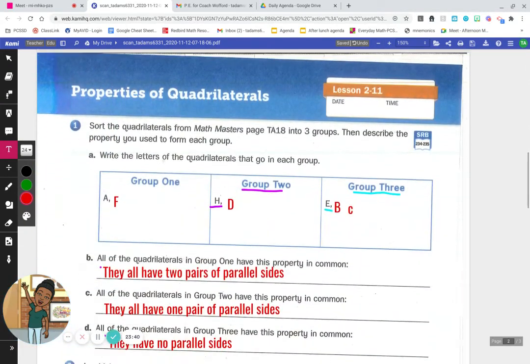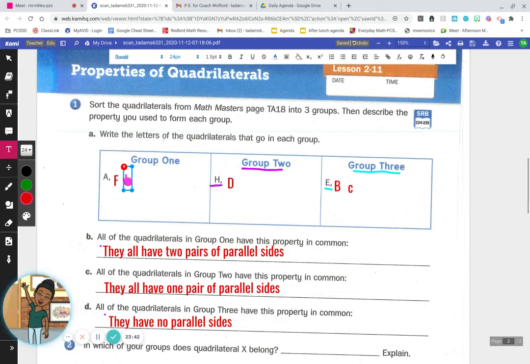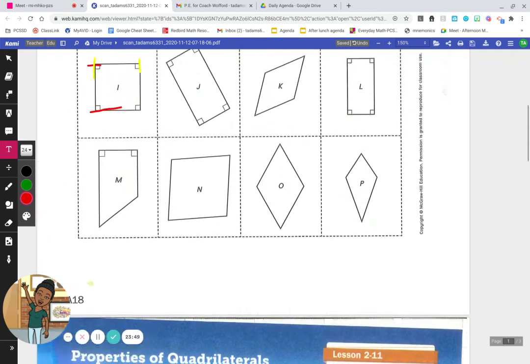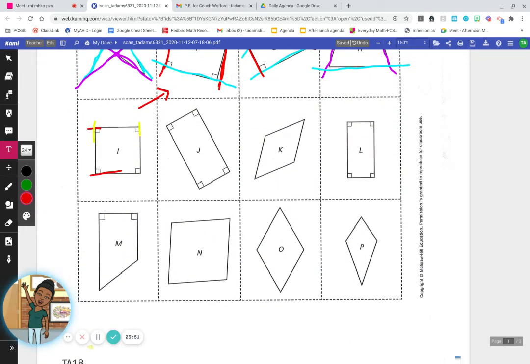Yes, 2 parallel sides. So I'm going to put this I in Group 1. I'm going to scroll down and in Group 1, type I. There's my I.